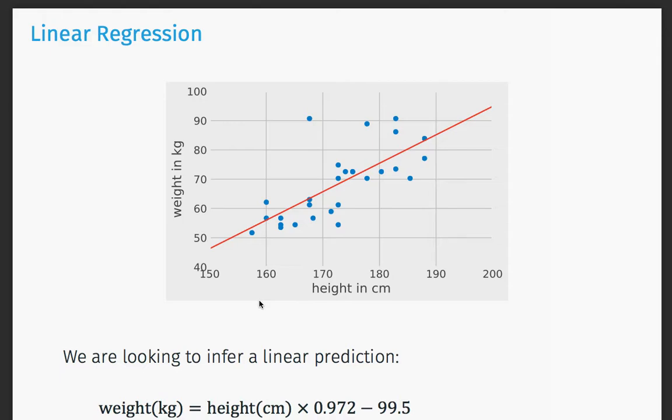Here the prediction is that the weight is the height in centimeters times 0.9722 minus 99.5. So you have a nice prediction on your data. Obviously it doesn't work all the time, but it's the model you have at that point.